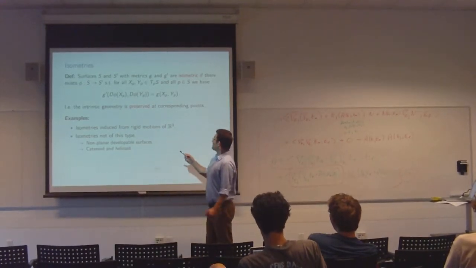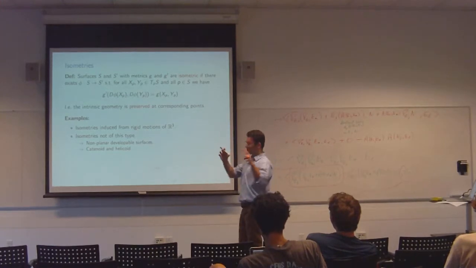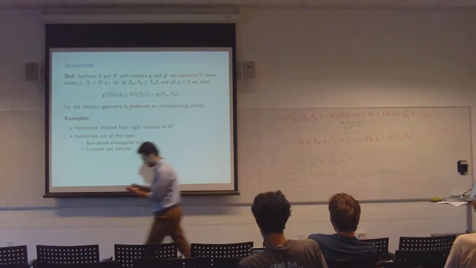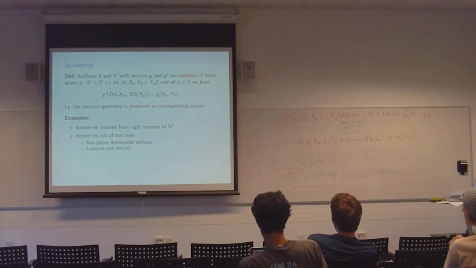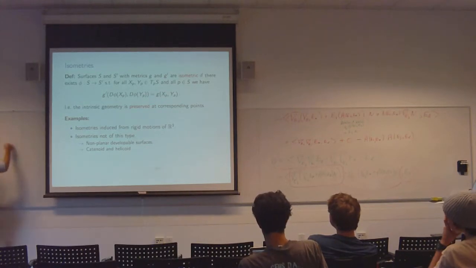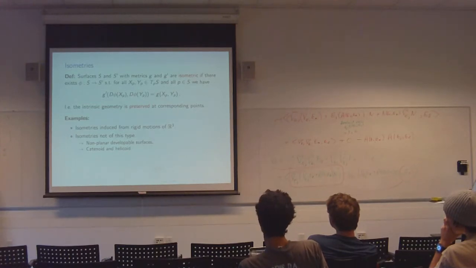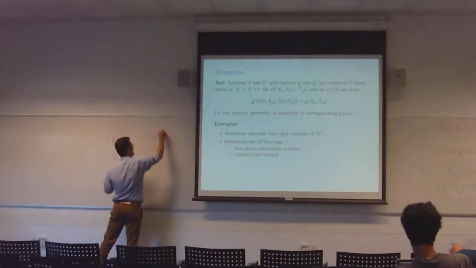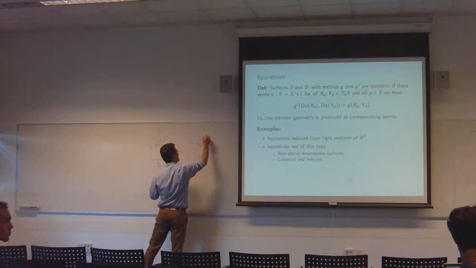So the picture is this. You have the surface and the surface prime, you have a metric here and a metric here, and you have vectors x and y at p. Over here is phi of p, and here is x tilde, and over here is y tilde.